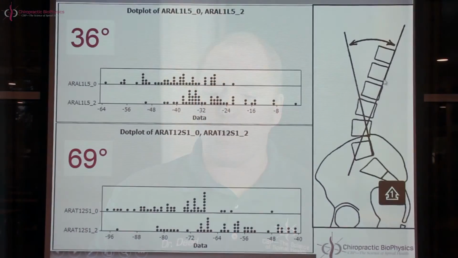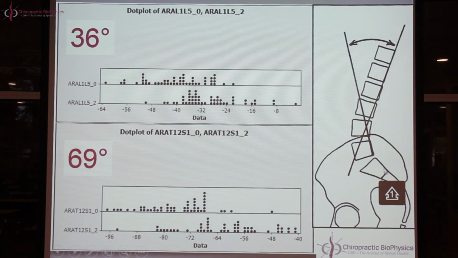Now down here, I don't have a graph showing you the T12 to S1 measurement, but you get the idea. Instead of L1 to L5, it's the S1 and T12 vertebra up here. This is the lower graph. Now this graph is looking at acute back pain versus the normal subjects. The top graph was looking at chronic back pain and normal. We said 36 degrees is the cutoff. If you're less than 36, you're statistically in the chronic back pain group.